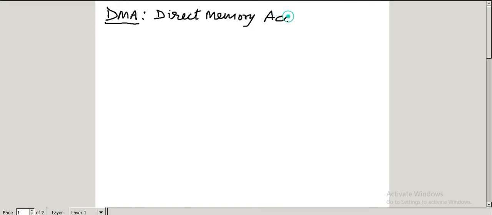So let's start. DMA, the full form is direct memory access, right? Direct memory access means the memory is accessed directly by the IO devices or peripheral devices.